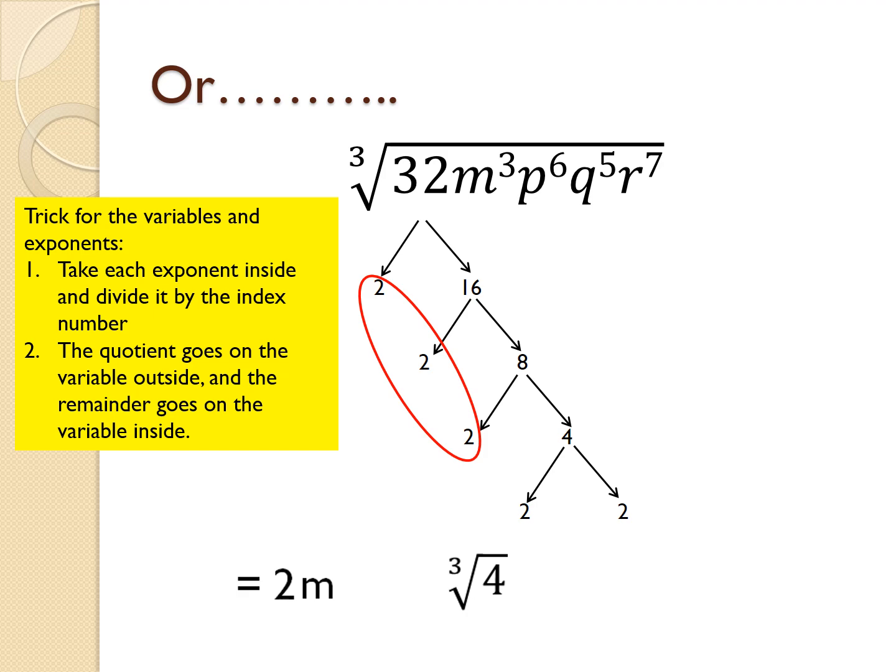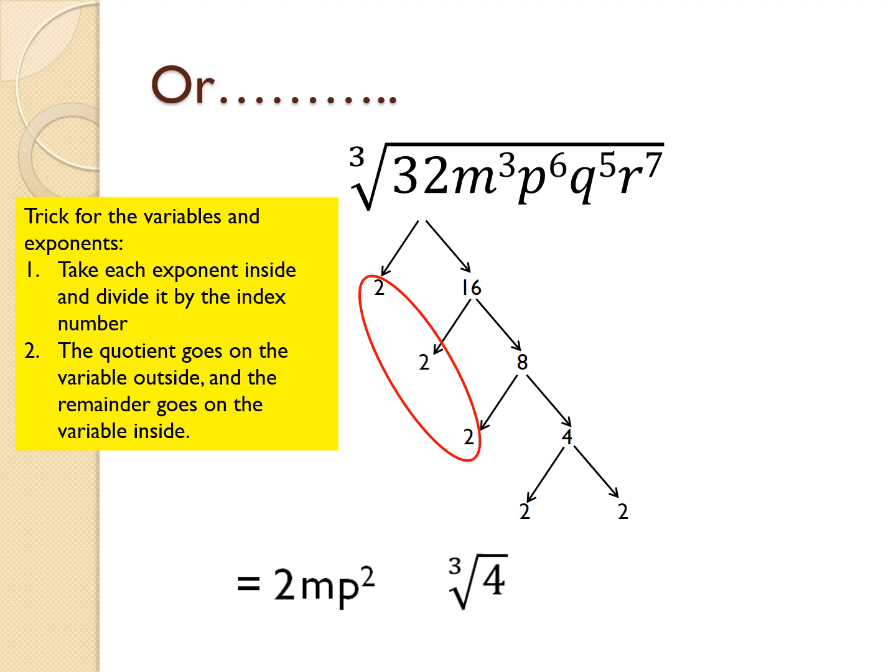Okay, let's look at p to the 6th. 3 goes into 6 2 times evenly, so that becomes p squared on the outside. There's no remainder, so there's no p left on the inside. Let's look at q to the 5th. 3 goes into 5 1 time, 2 remainder though.